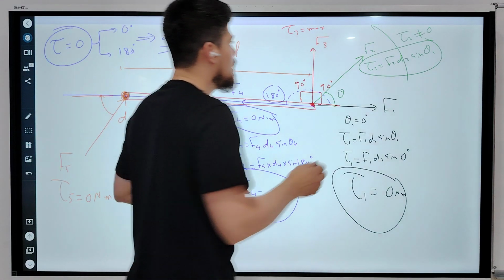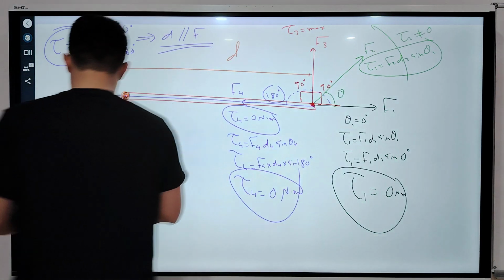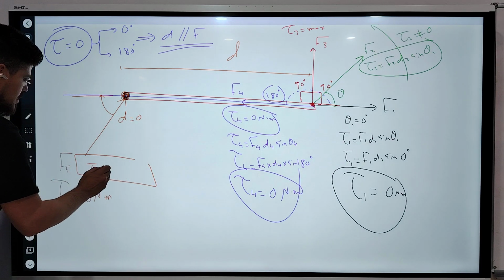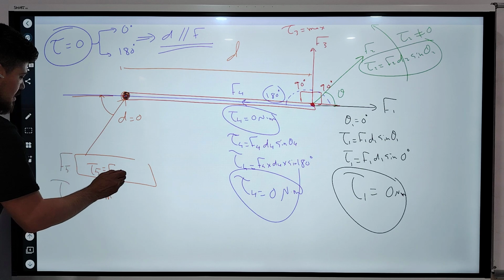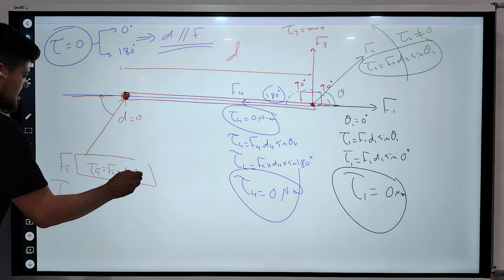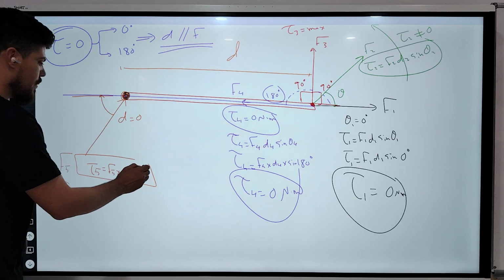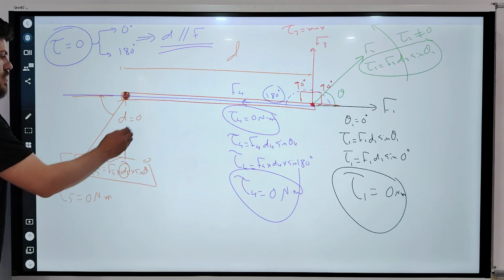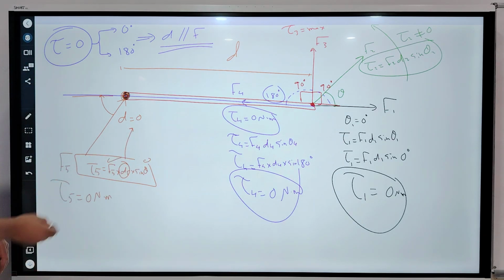When D is equal to 0, what is torque equal to? Torque is equal to force times distance times sine theta. Even though we have force and angle, D is 0. So 0 times force times sine of the angle gives 0 torque.